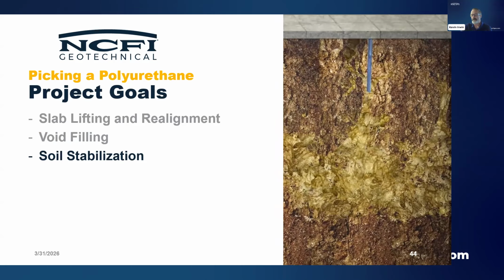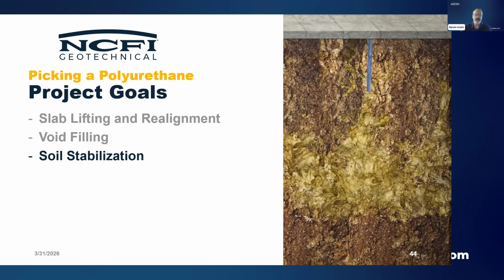Soil stabilization applications could be in the right type of soil. This could be a single component application, but we're looking primarily at deep injection with 2-component foam. So densifying soils, stabilizing structures.